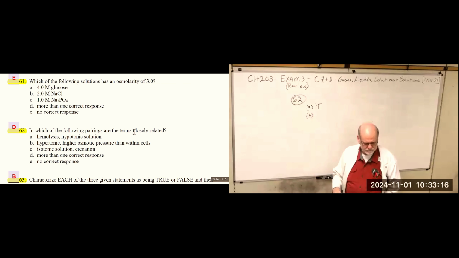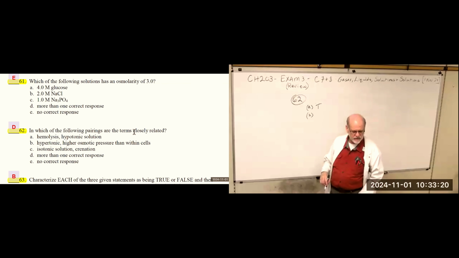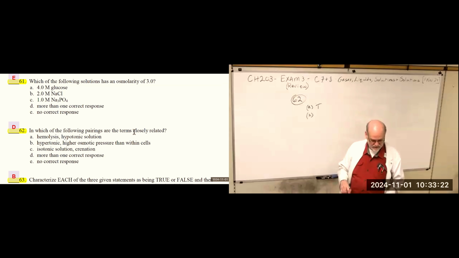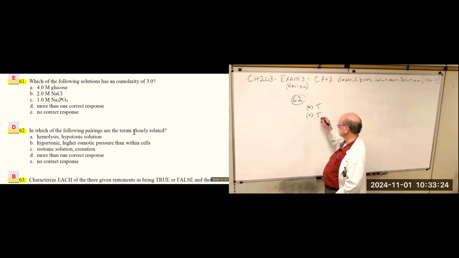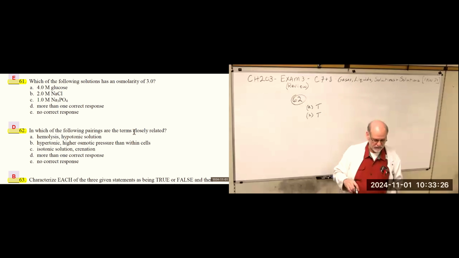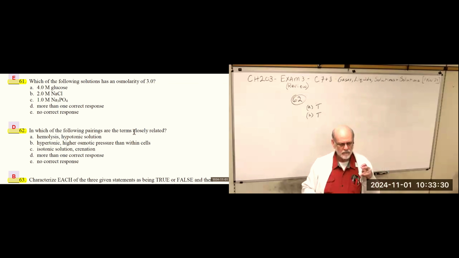How about B? Hypertonic, higher osmotic pressure than within cells. That's also true. Remember, osmotic pressure is measured when you have the solution inside your tube and a membrane, and then pure solvent on the outside.